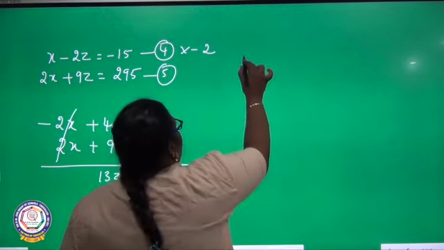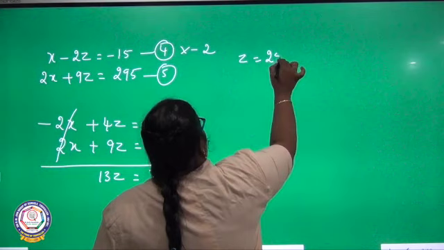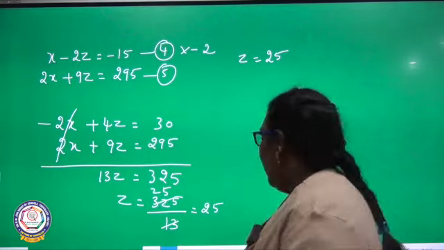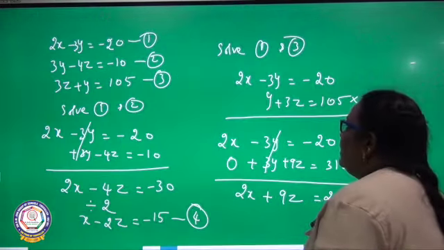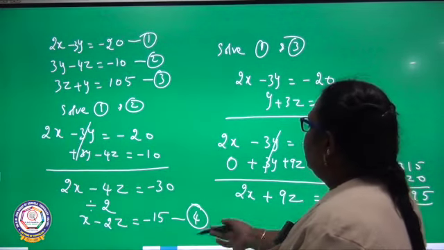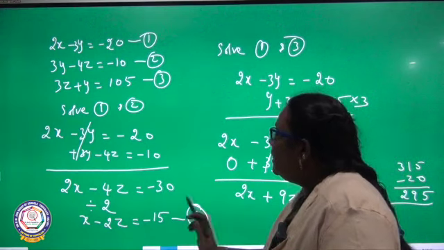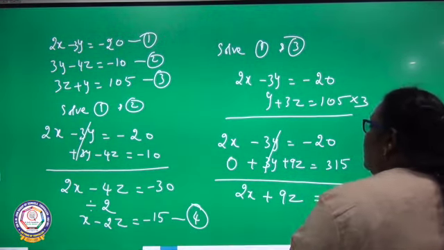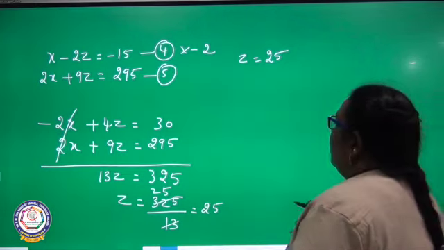If z equal to 25, then we should find out the values of x and y. Move on to the next equation. You can take any equation. I can take the fourth equation: x minus 2z equal to minus 15.